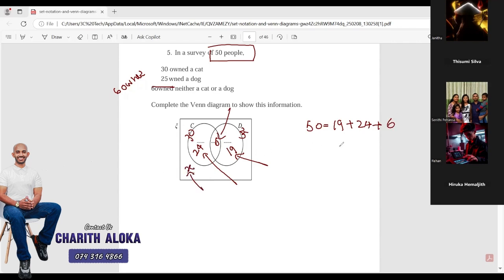Now we can find the value of X. 19 plus 24 plus 6 is the intersect plus the complement of both sets, X, which should be equal to the total number of people. 19 plus 24, how much is that? 43. 43 plus 6 is 49.